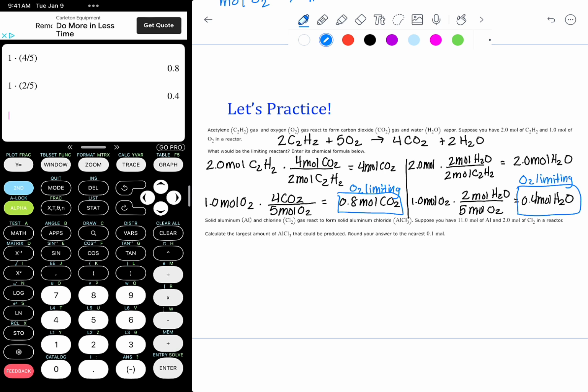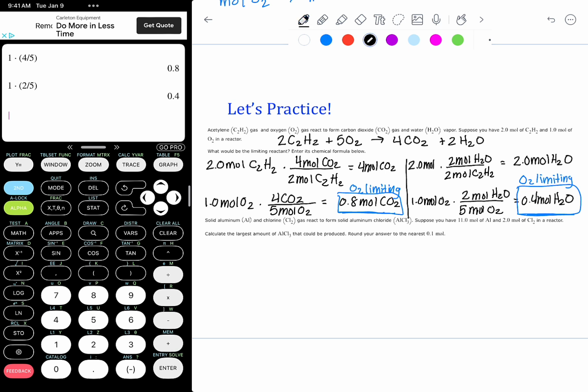Because it's a limiting reactant problem, the largest amount of aluminum chloride that can be produced would be the one that produces the lesser number. Okay, so remember that whatever reactant produces the lesser amount of product is then limiting, because that's the maximum amount of product that we can create given our reactants. Okay, so it's a little bit of word trickery in there.